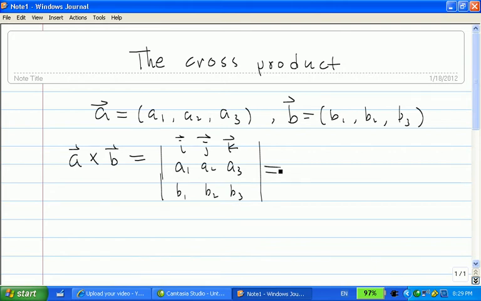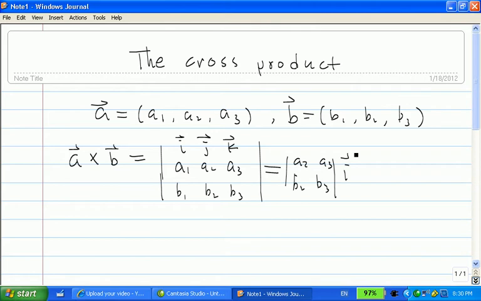Then this is like a determinant. So if you cross out the first row and the first column, then you end up with a 2 by 2 determinant: A2, A3, B2, B3.